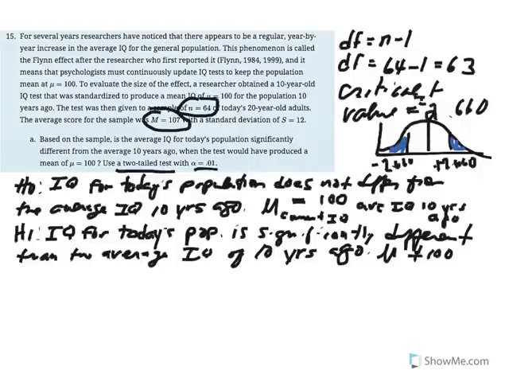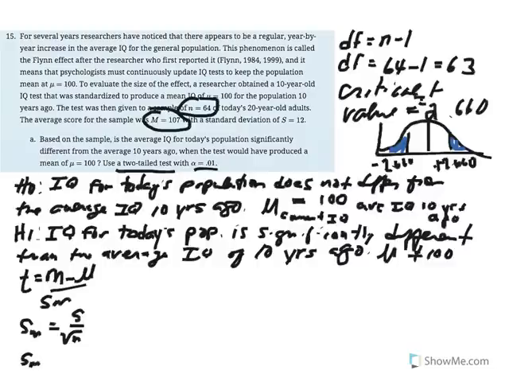To calculate our t-value, our t is equal to the mean difference divided by the estimated standard error. We're going to need to calculate our estimated standard error. In this example, we're given our standard deviation, so we use that equation. Our standard error is equal to our standard deviation over the square root of n.